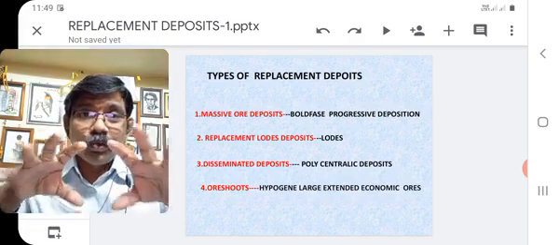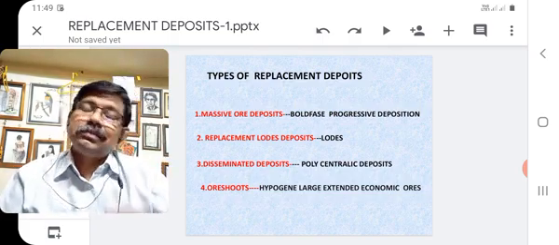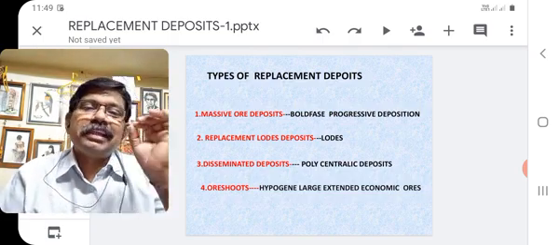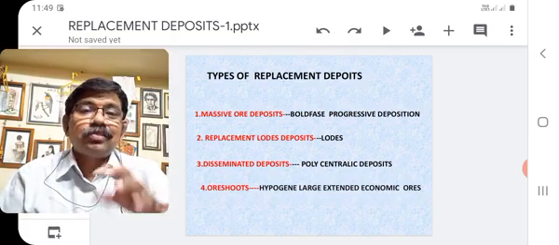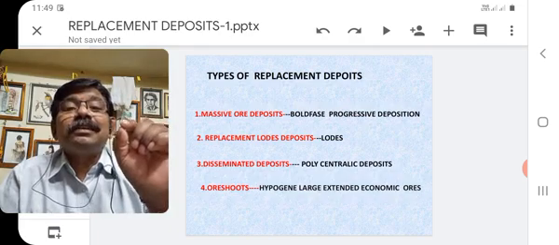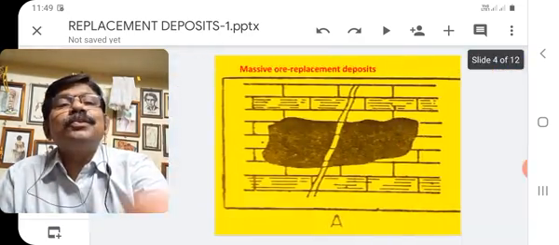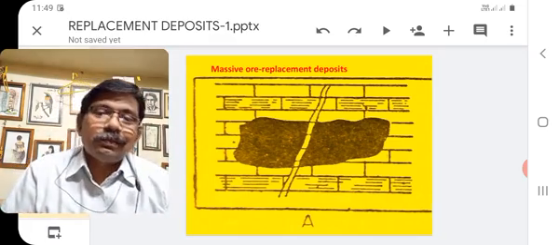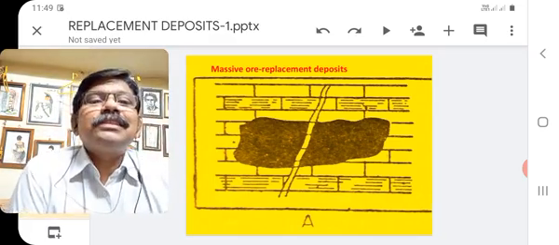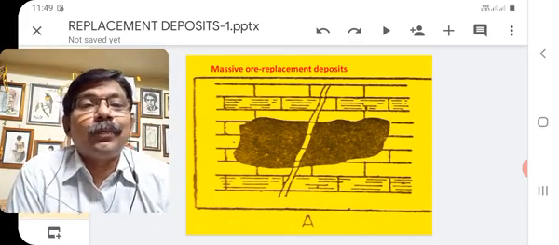Aggressive, progressive means it is intrusive. It has very much force because of its high temperature and pressure condition. So that's the given name, that process is a bold face progressive. I kept here: massive ore replacement deposit. I written upon that.